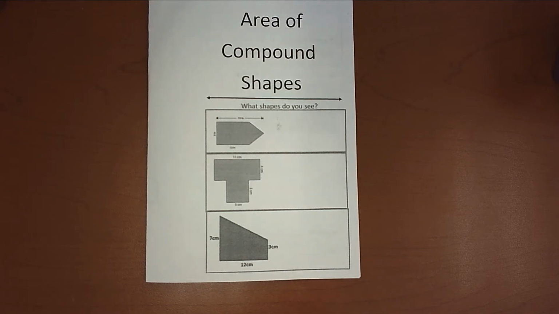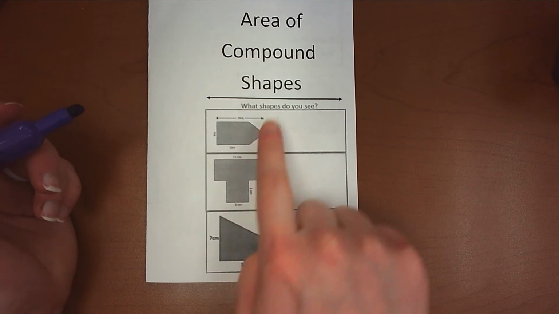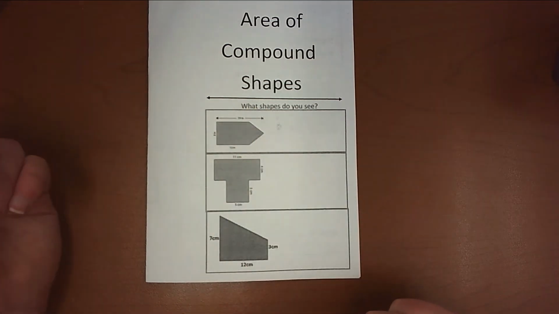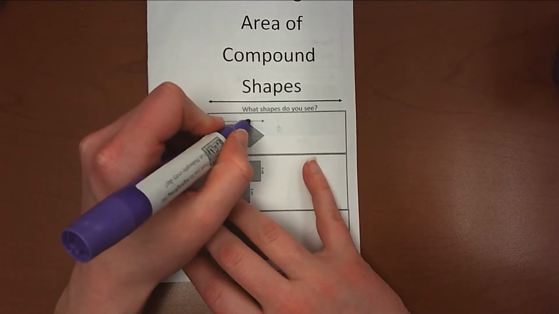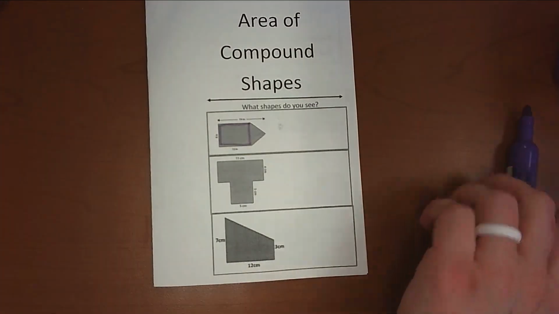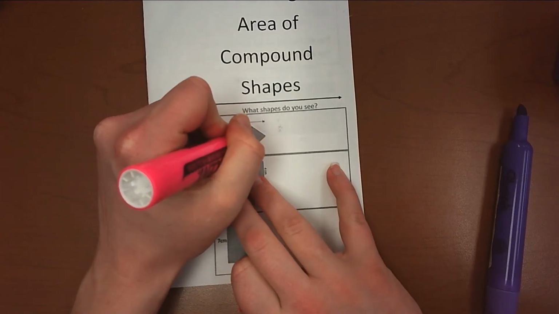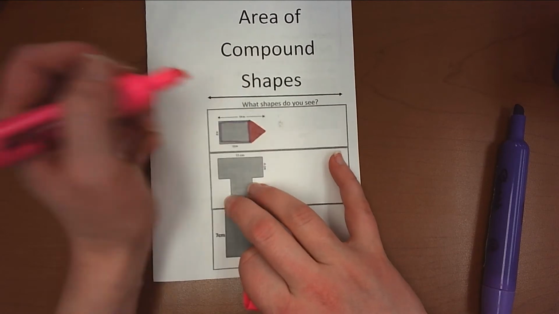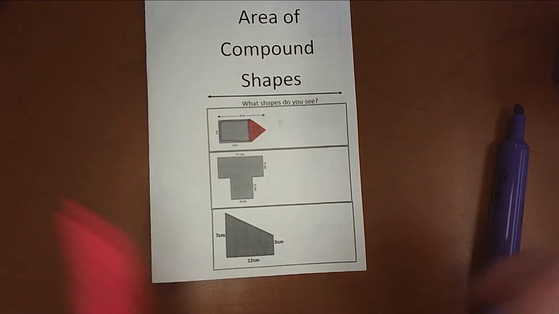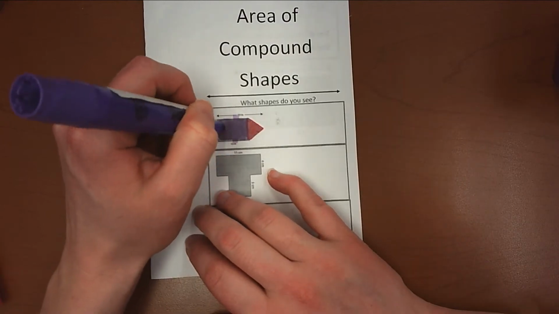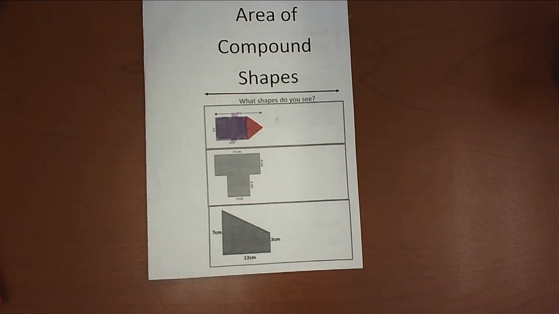For this very first shape, we have a pentagon. It's a 5-sided polygon. And I can see basic shapes. I can see a rectangle here, and I can see a triangle here. So the two basic shapes that make up this compound shape are a rectangle and a triangle.